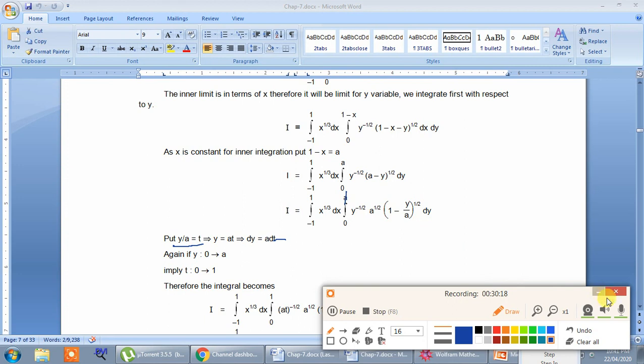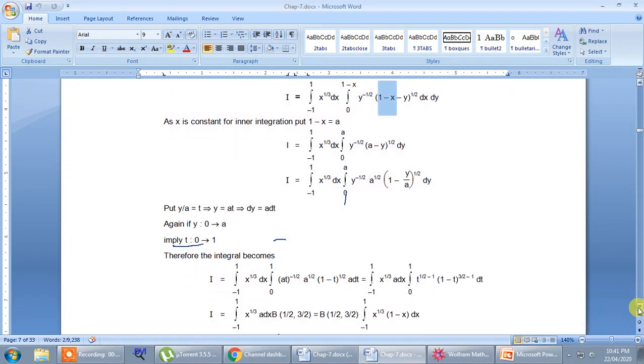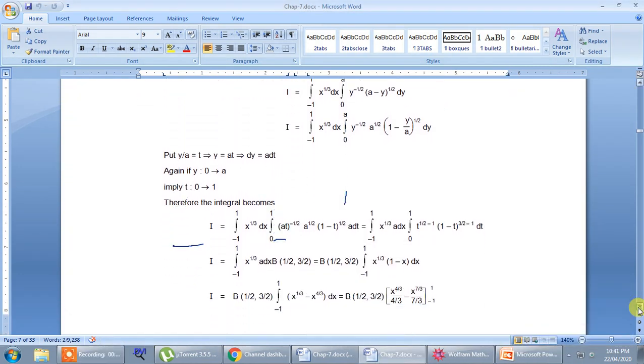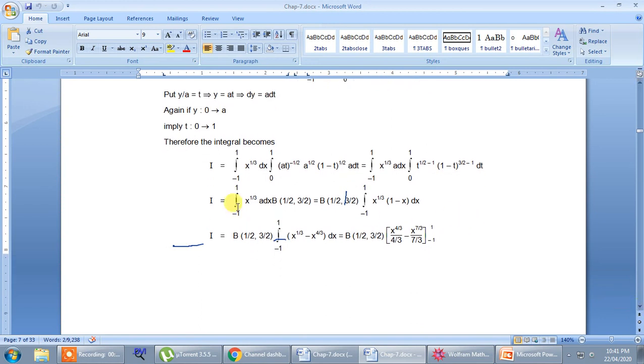The simplifications will be like this: x raised to 1 by 3, a raised to minus 1 by 2, a raised to plus 1 by 2 will get cancelled, t raised to minus 1 by 2, 1 minus t raised to 1 by 2, a dt. A is again constant that can be taken outside the inner integration, but it should be inside the outer integration.